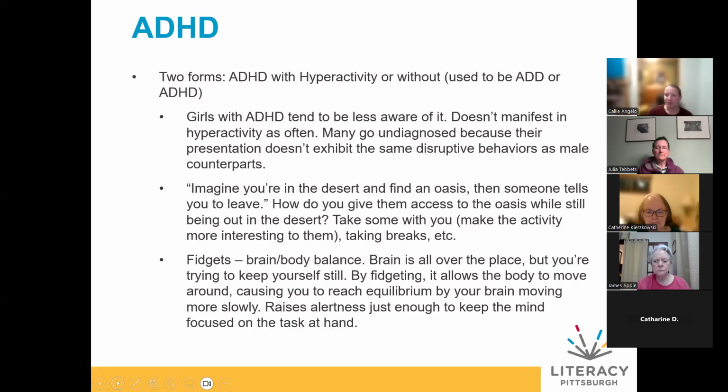When I was speaking with the counselor I collaborated with, I was asking him to describe how he interacts with families dealing with ADHD and disruptive behaviors related to that. And he said, imagine that you are in a desert and you find an oasis. Then someone tells you to leave. You wouldn't want to leave, right? So that is a metaphor for ADHD, which is a lack of dopamine in the brain.